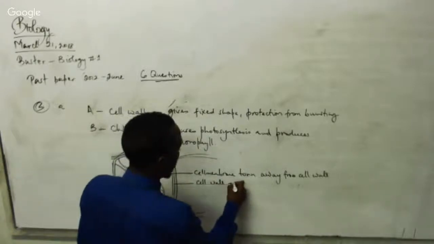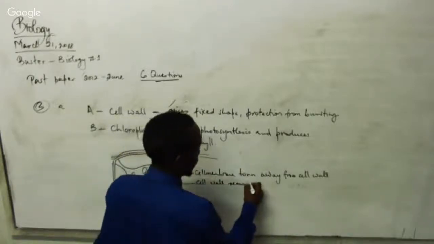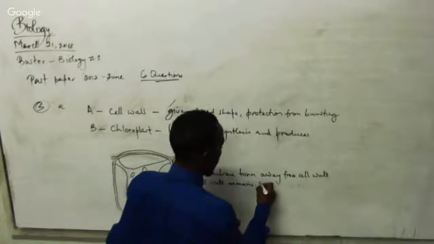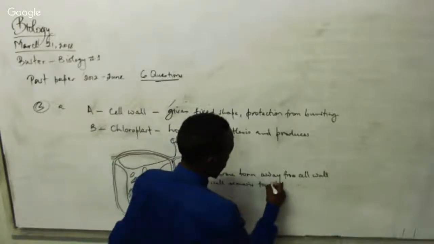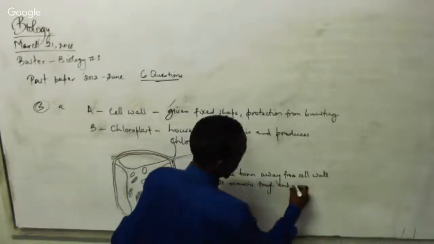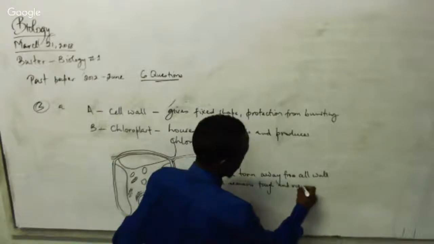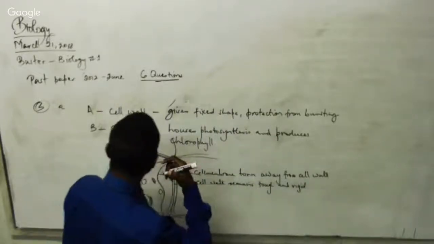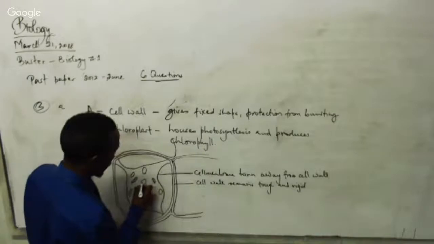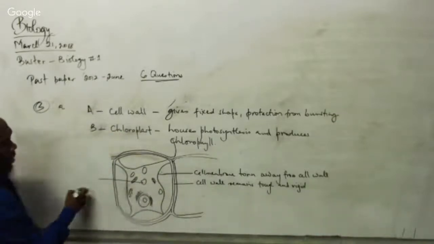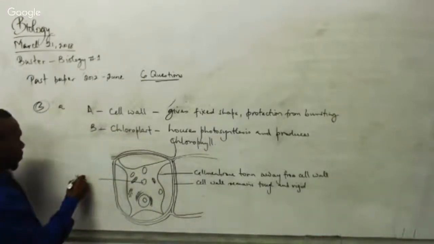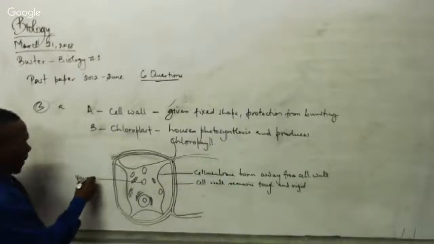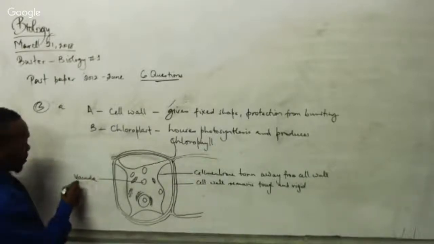Cell wall remains tough and rigid. You have to annotate the vacuole. Vacuole shrinks.